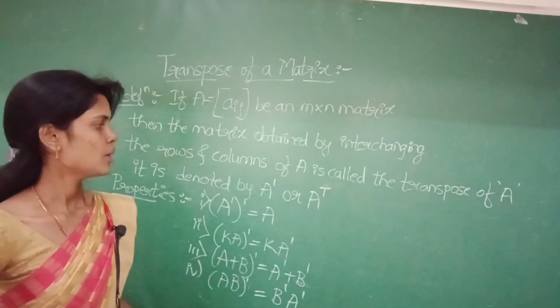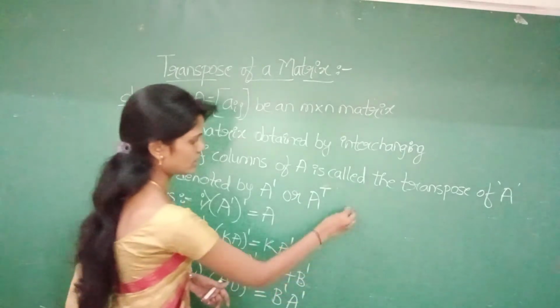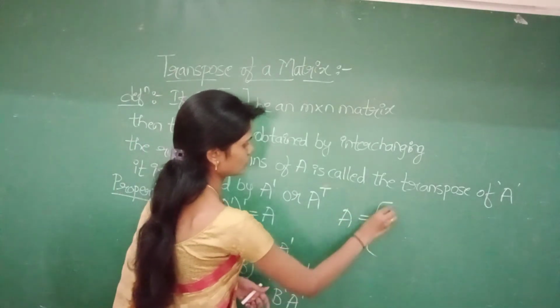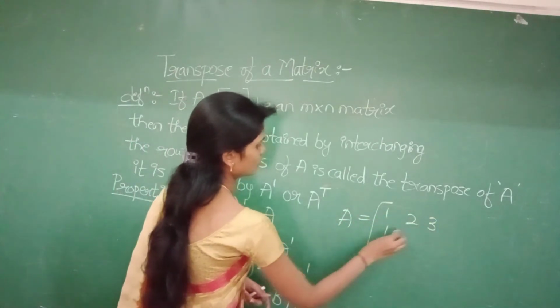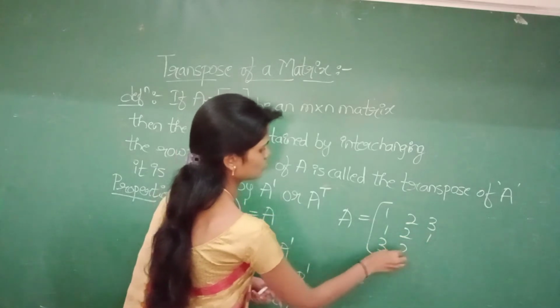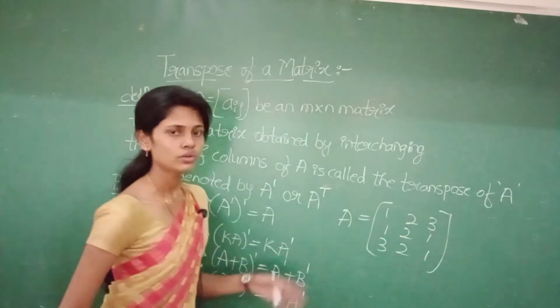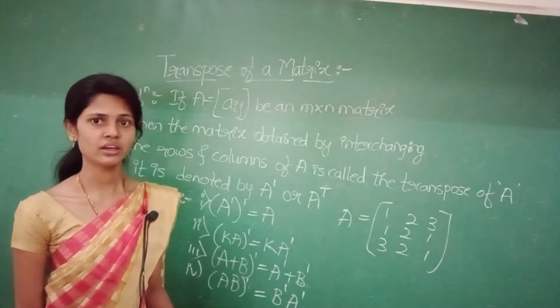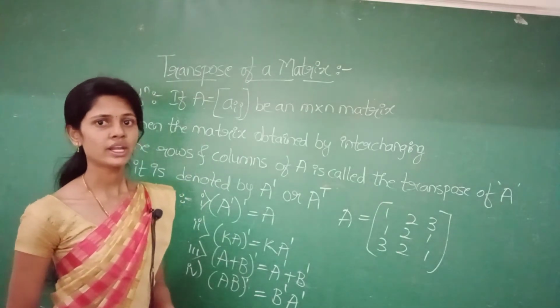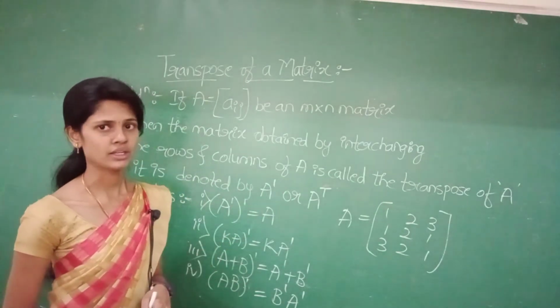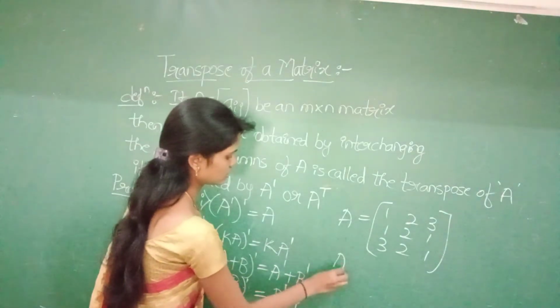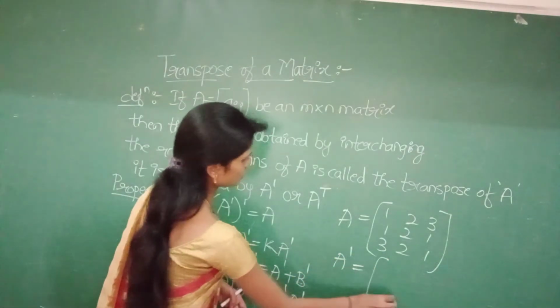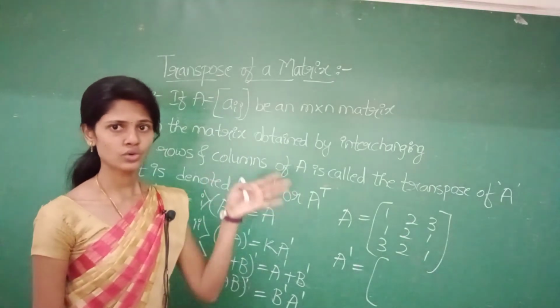transpose of the matrix. Consider the matrix A = [1 2 3; 1 2 1; 3 2 1]. So the given matrix is A, and if you want the transpose of that matrix, how can you write it? A dash is equal to, just interchange the rows into columns.